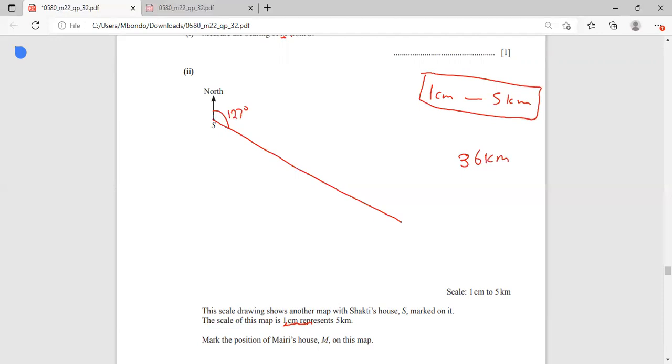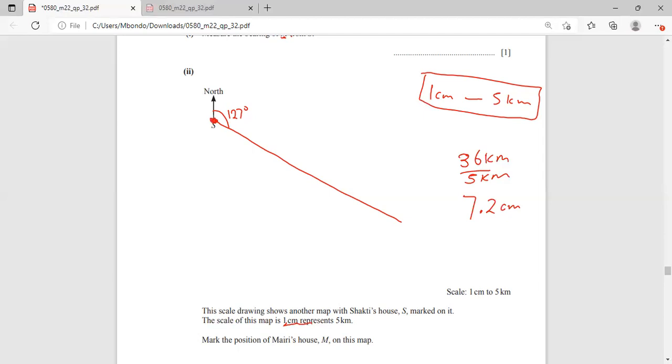Now the scale has changed, so we need to divide this 36 by 5 kilometers. What are we going to get? We're going to get 7.2 centimeters. So we need to measure on this line from this point.